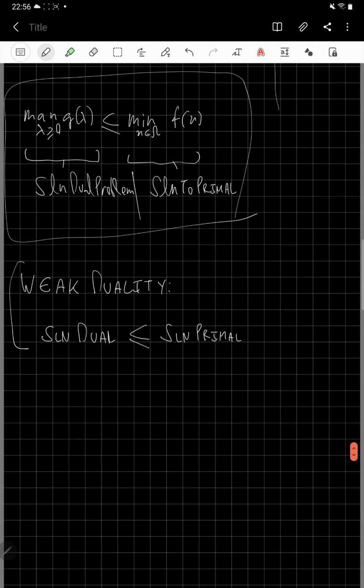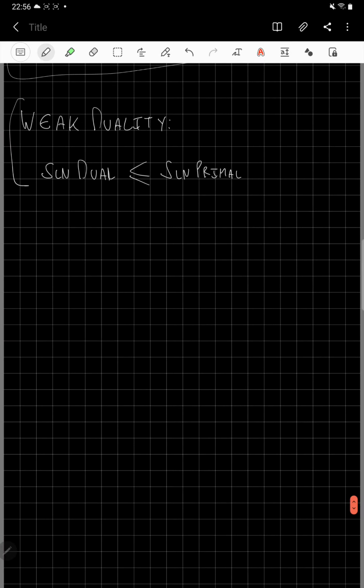Now it's weak because the best case would be where this is as high as it's going to be. It's really high. It's actually equal. Strong duality is when the solution of the dual actually is equal to the solution of the primal.